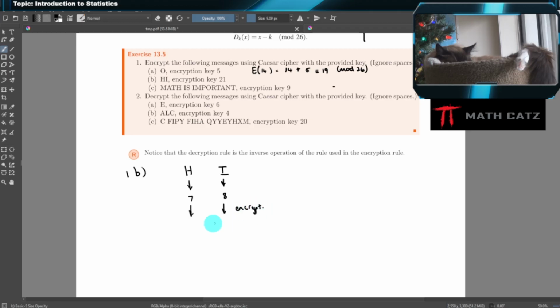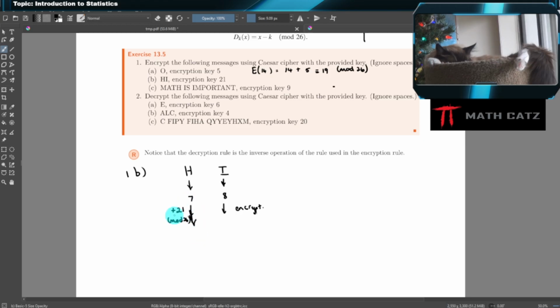Encrypt by adding our key 21 mod 26. Let's make this arrow longer.